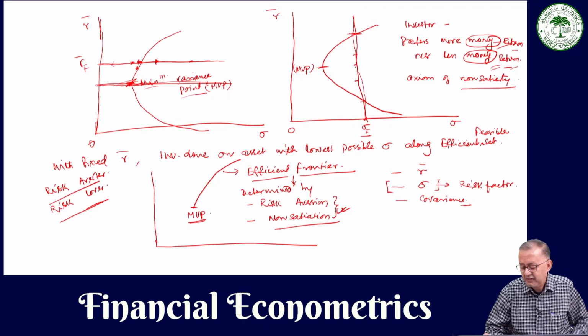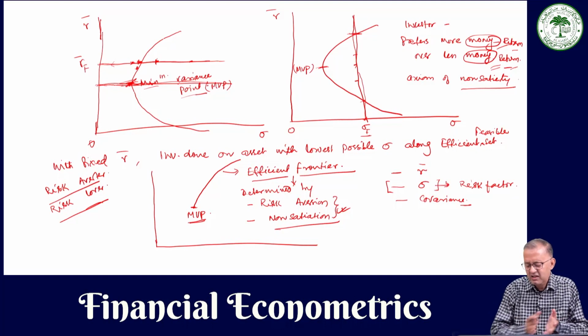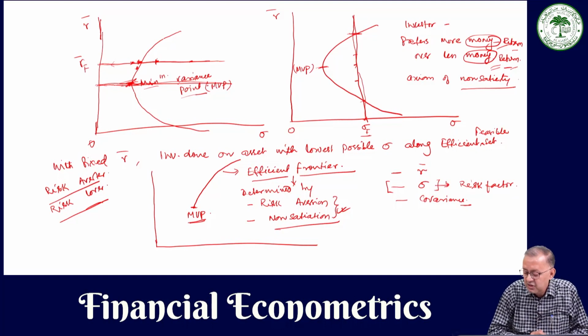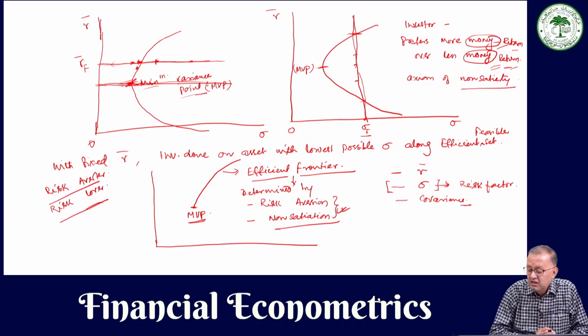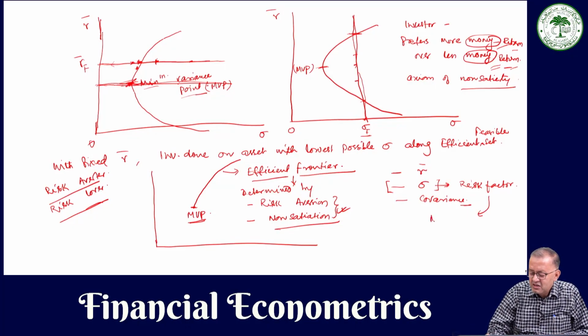Now this was the graphical analysis, or you can say some theoretical analysis. Every investor tries to minimize this risk, and we can do this mathematically also, taking the help of mathematics.